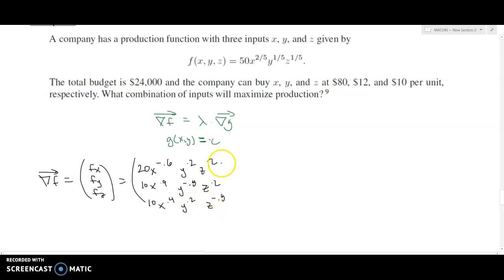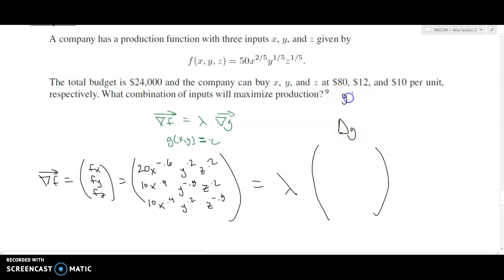And that, remember, has to equal a constant multiple, lambda, times the gradient with respect to g. So the partial with respect to x, the partial with respect to y, and the partial with respect to z. But we haven't written what g is yet.